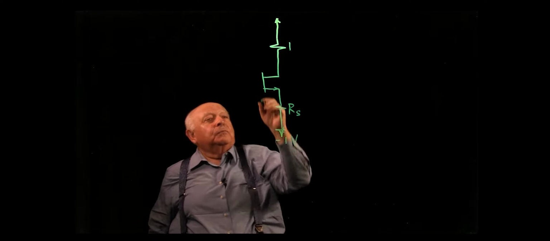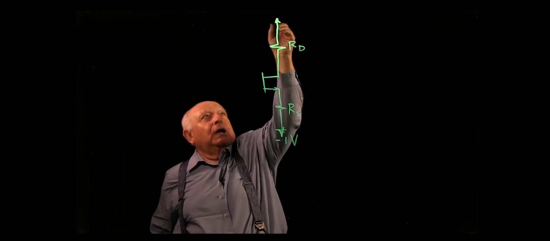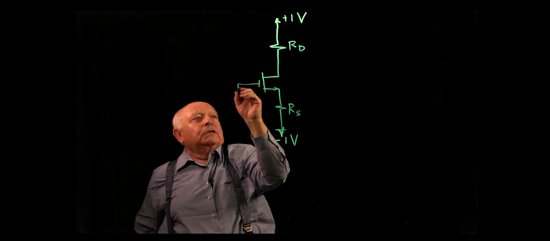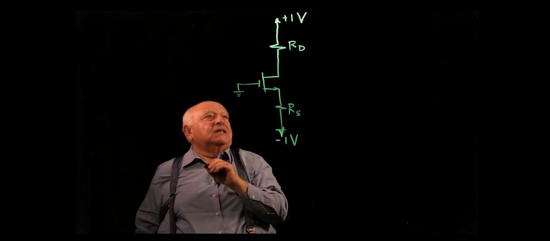Oh, I'm sorry, this is connected to a negative supply, not to ground. So that's a minus 1 volt supply. And we have a resistance here, RD, connected to the positive supply, which in this case is plus 1 volt. The gate of the transistor is connected to ground. So that's the circuit.